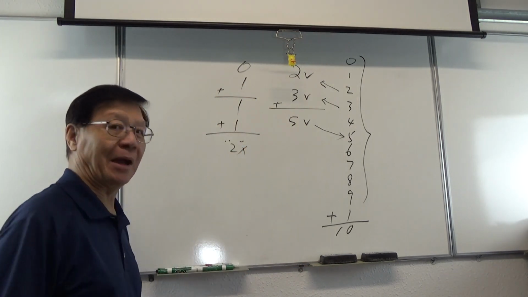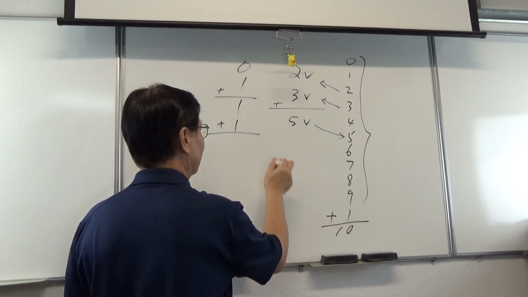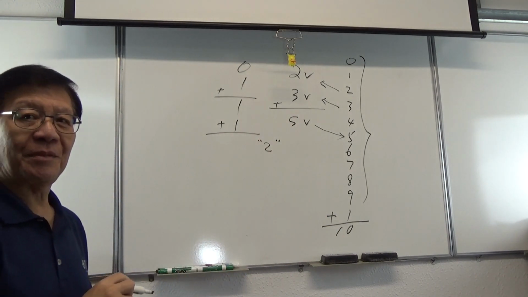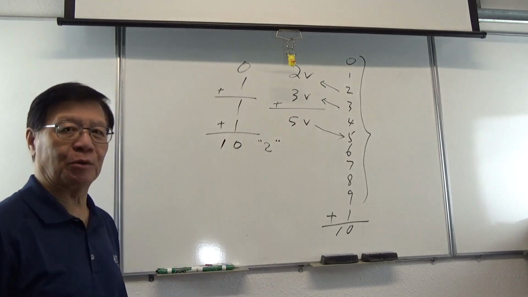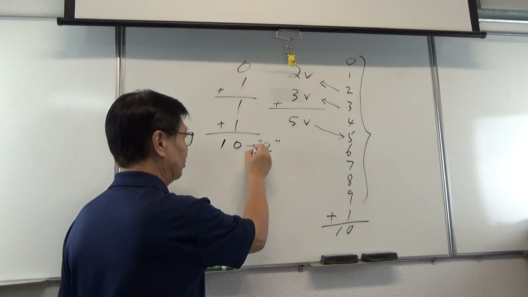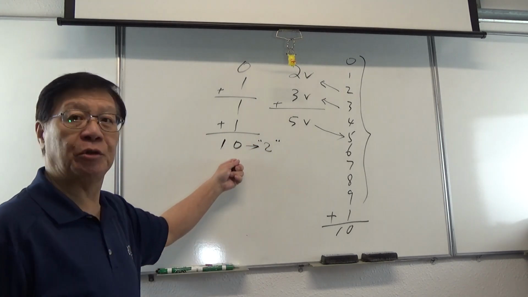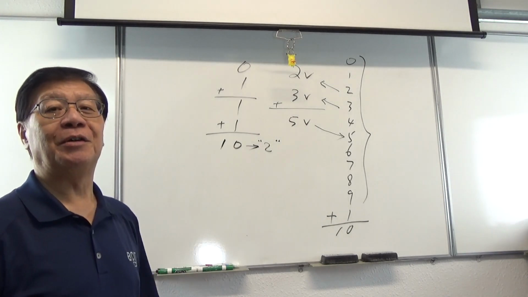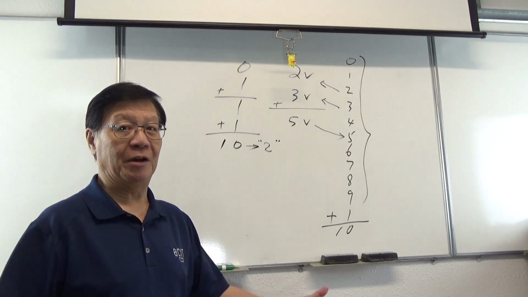No, because it's a binary system. It means 2 in the decimal system, but we have to write down 1, 0 to represent 2. That means 2 in another expression, right? Fair enough.